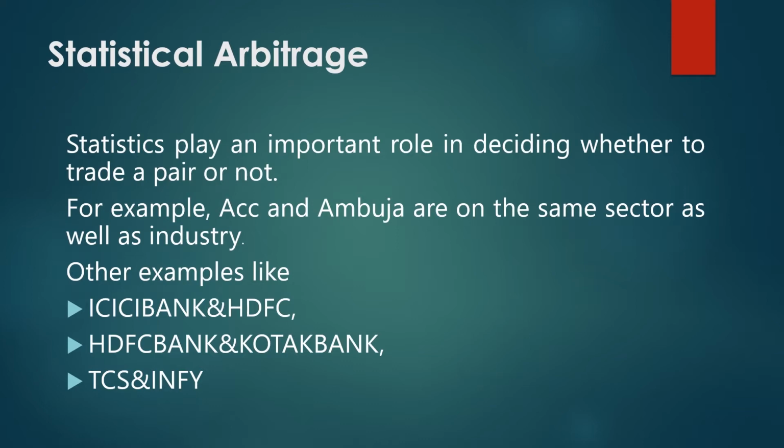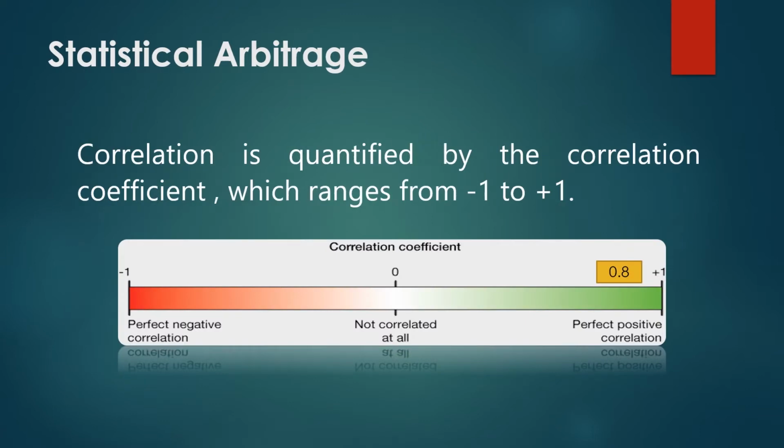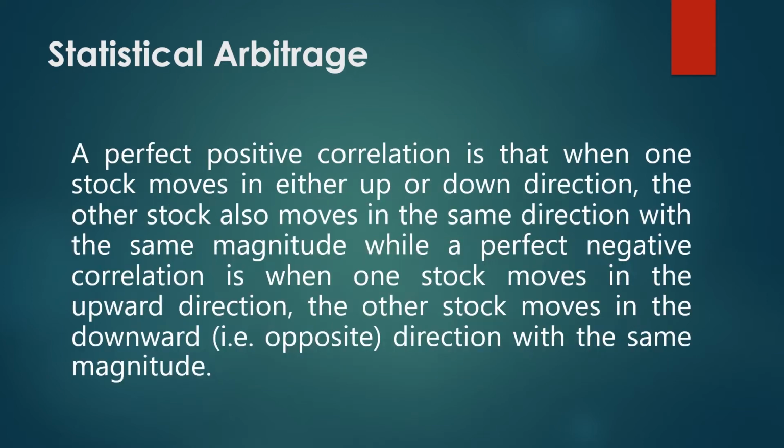Now first, to select a pair, we need to check the correlation between two stocks. The correlation is quantified by the correlation coefficient, which ranges from -1 to +1. A perfect positive correlation is when one stock moves in either an up or down direction and the other stock moves in the same direction with the same magnitude, while a perfectly negative correlation is when one stock moves in the upward direction and the other stock moves in the downward direction, that is the opposite direction, with the same magnitude.